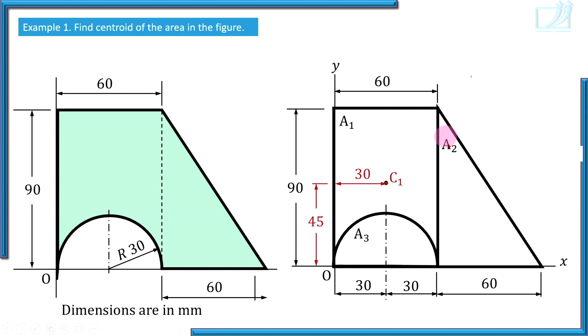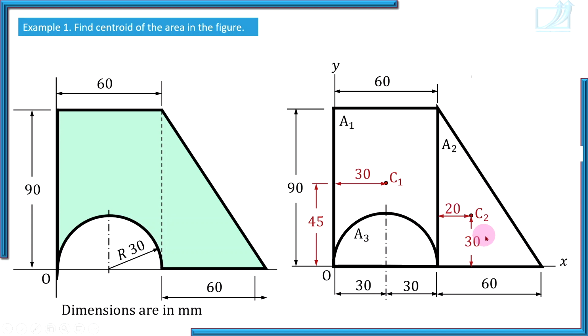Now, here it is a right angle triangle. Its centroid is not somewhere here, you know where exactly it is. From its straight edges at distance h by 3, b by 3. So, C2 is center of A2, height is 90, so 1/3 of 90, that is 30, and base is 60, so 1/3 of 60, that is 20.